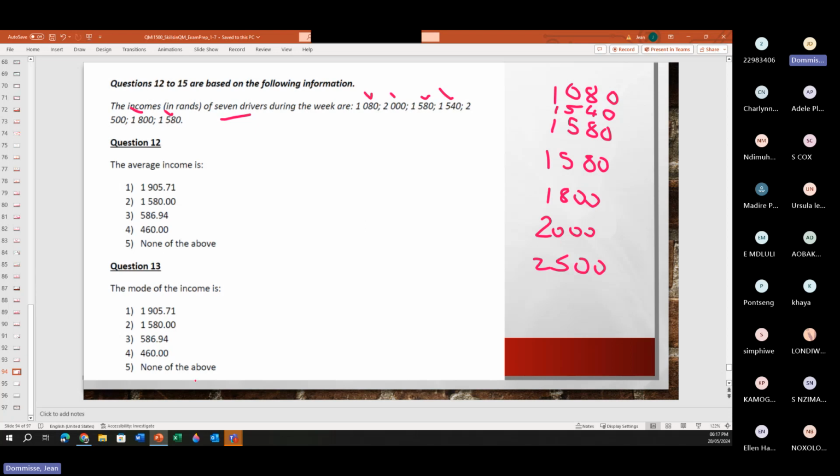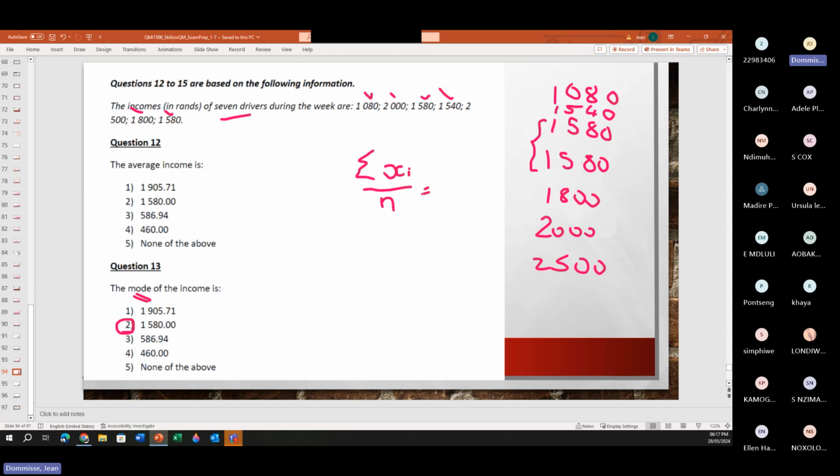Okay, let's go to the one that asks us for the mode. The mode is the one happening the most. So that is the 1580. Option 2 would have been the mode. The average is the sum of all the values divided by n.